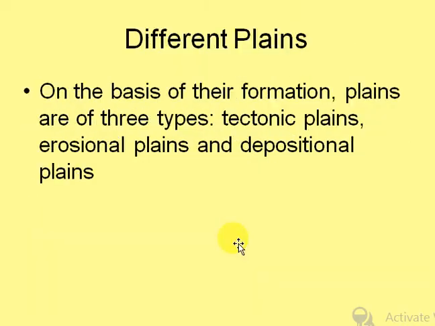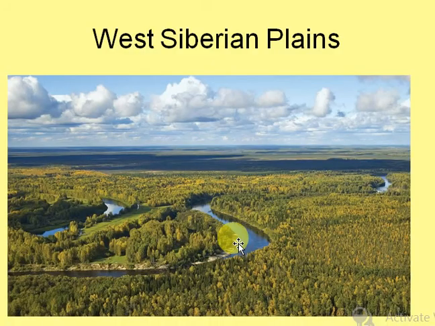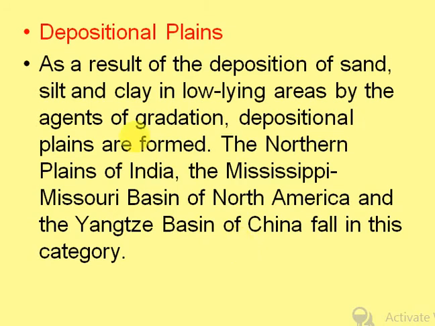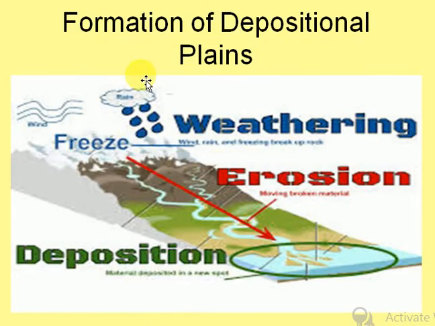So some examples are the northern plains of India, the Mississippi-Missouri basins of North America, and the Yangtze basin of China. So now you understand how these plains have been formed. You can have a look at this picture also, formation of depositional plains. Due to weathering, erosion, and finally the depositional activities take place all along the course of the river.